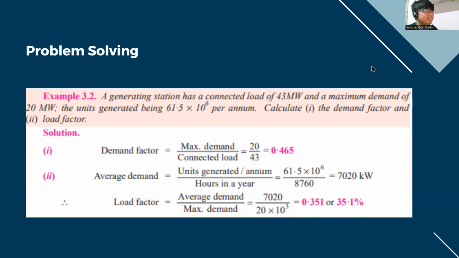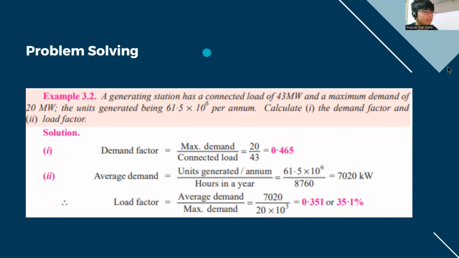As given, our units generated per annum is 61.5 times 10 raised to 6 over our hours in a year, which is 8,760. Dividing, our answer is 7,020, and our unit for average demand is in kilowatts.